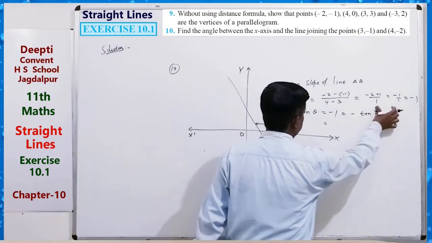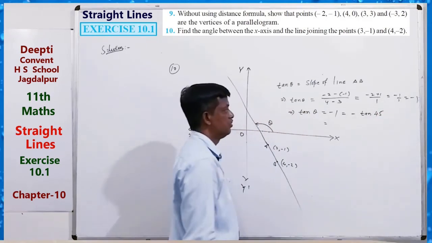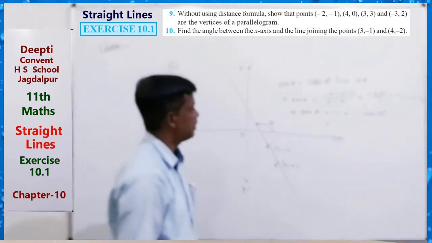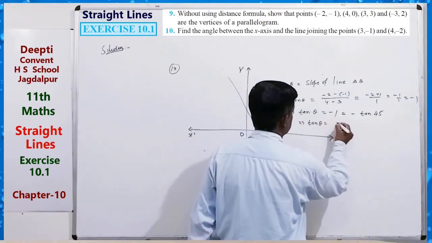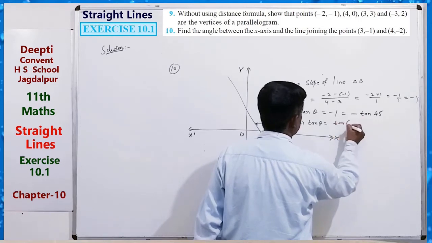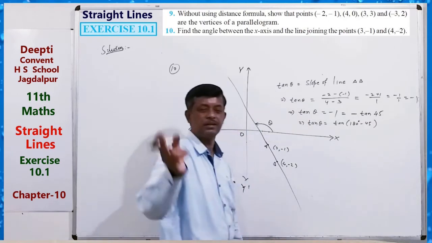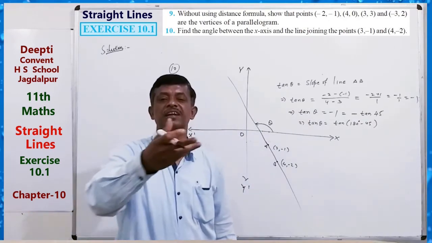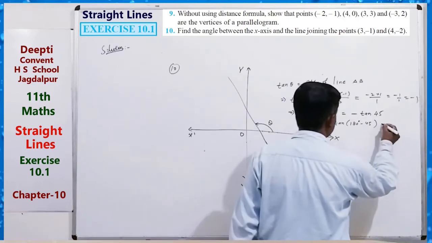This is pi by 4, and you can also write 45 degrees. So tan theta equals minus tan 45. You can write tan 180 degree minus 45. Tan of 180 minus theta equals minus tan theta. So minus tan of 180 minus 45 means what?